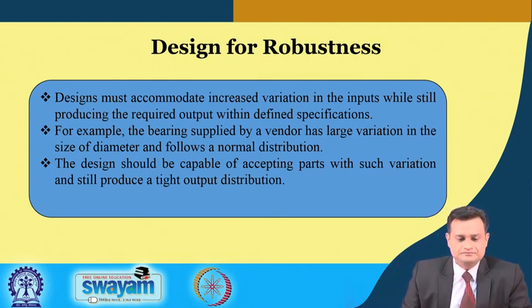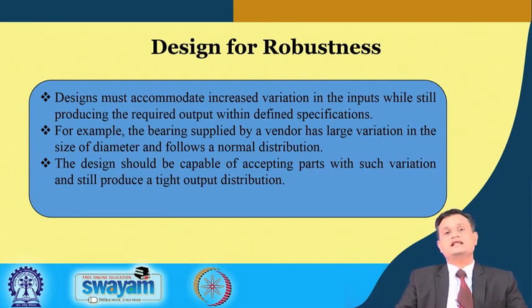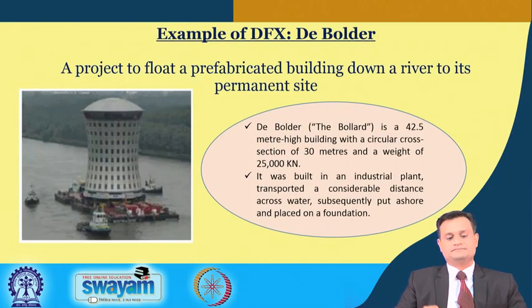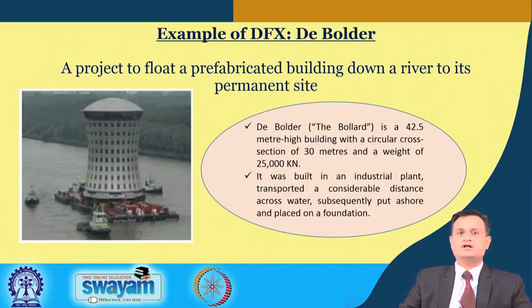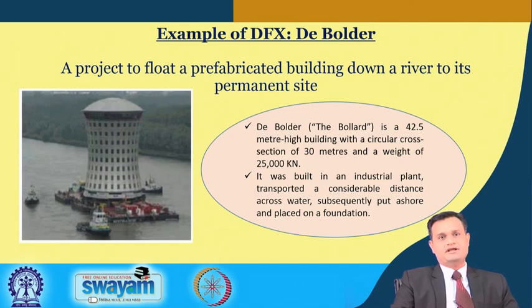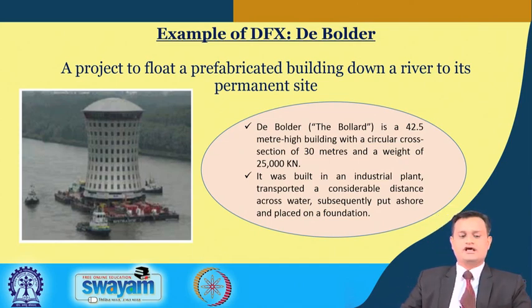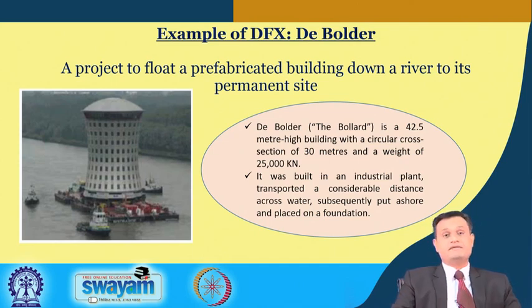So I have this particular X, robustness, which needs to be catered for, and I must see that the design should be capable of accepting parts with some amount of variability and still produce the desired performance or output distribution. Just see the example of De Boulder, you might be aware, a project to float a prefabricated building.